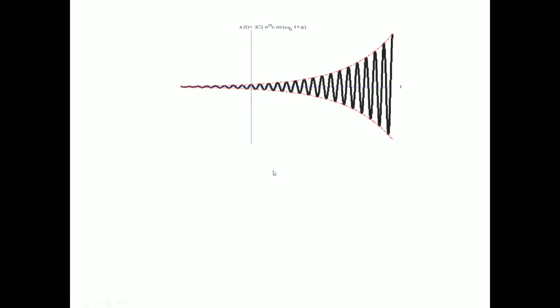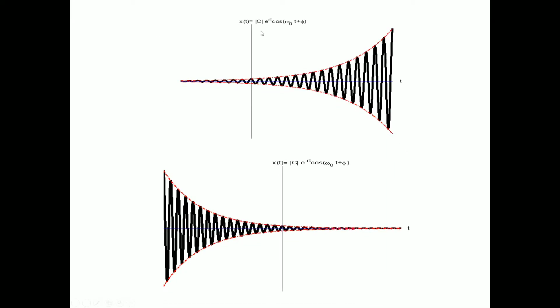So these are the two waveforms, called exponentially increasing sinusoid and exponentially decreasing sinusoid. This signal is called a decayed sinusoid. This is an increasing sinusoid and this is a decaying sinusoid, or I can say this is called a damped sinusoid signal. The normal sinusoid signal is called an undamped sinusoid.